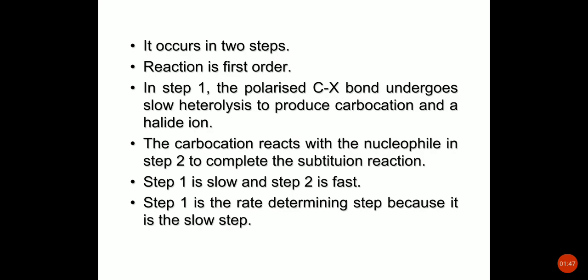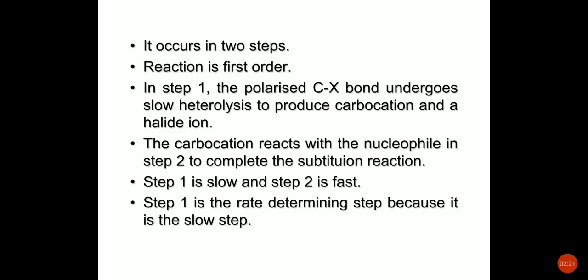So here an intermediate is formed, and that intermediate is a positively charged carbocation, and the rate of the reaction depends upon this carbocation. The carbocation reacts with the nucleophile in step 2, maybe OH minus or any nucleophile like H2O, and completes the substitution reaction.